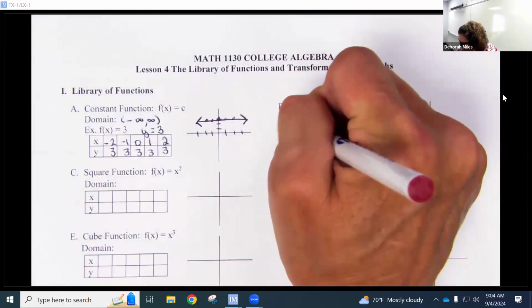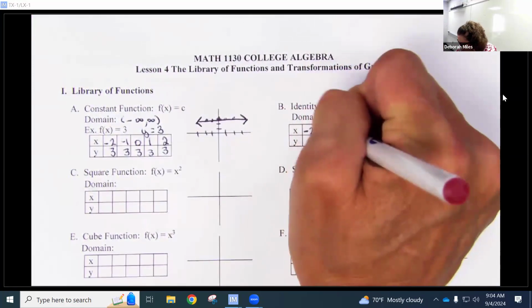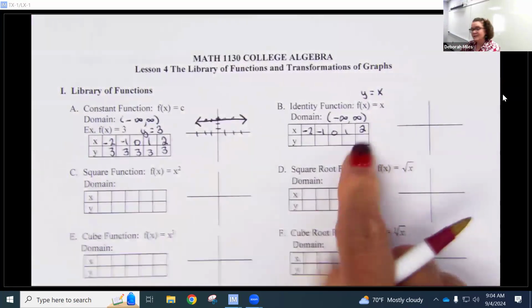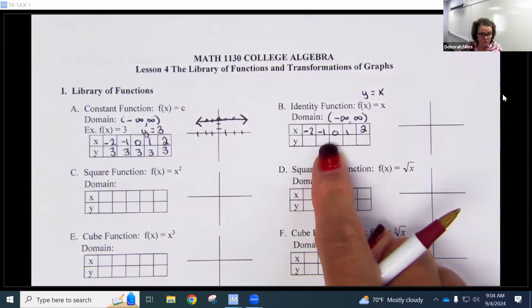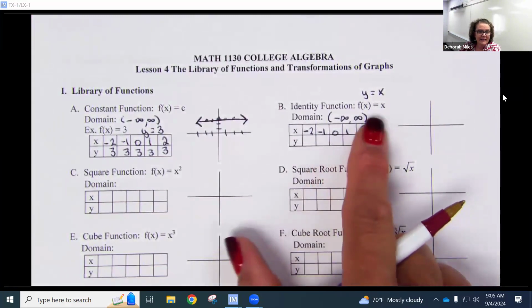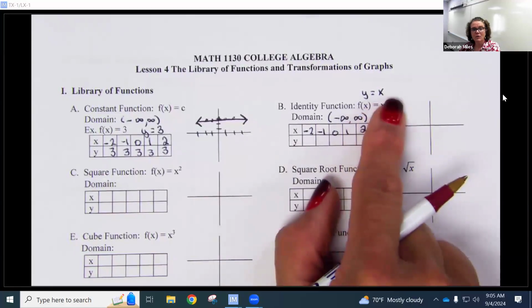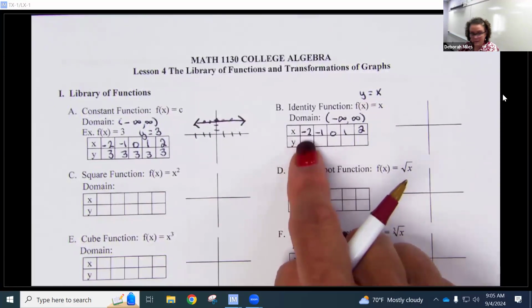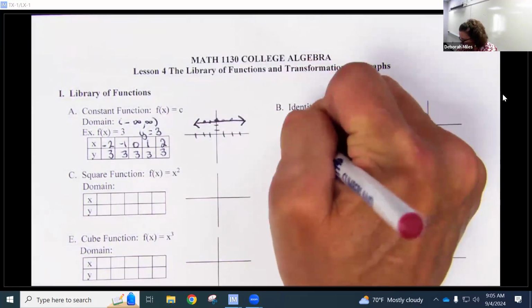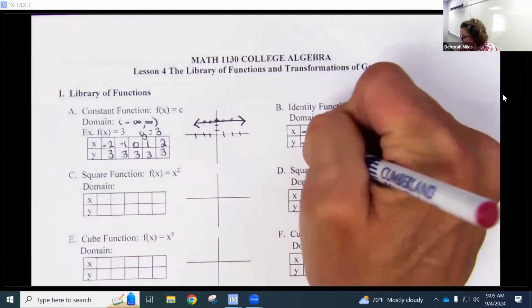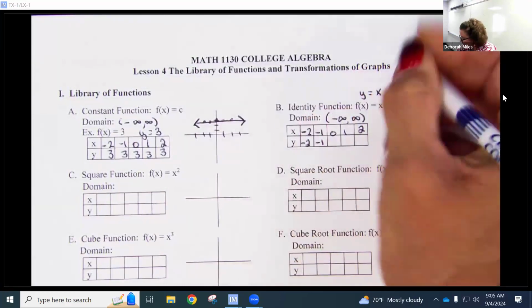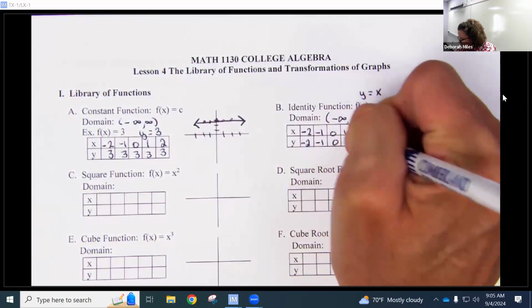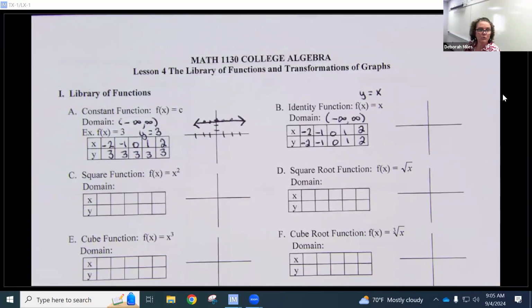I'm usually boring and stick with negative 2, negative 1, 0, 1, and 2, as long as those x values are in the domain. And the identity function is just saying whatever x is, y is the same thing. So when x is negative 2, y is negative 2. When x is negative 1, y is negative 1. When x is 0, y is 0, and so on to finish your table.